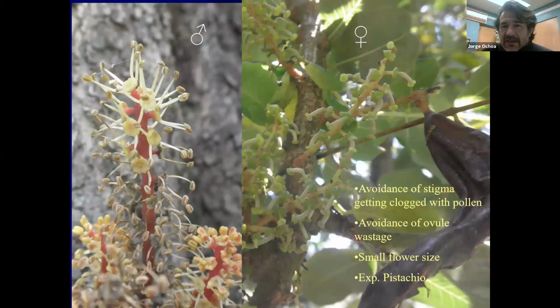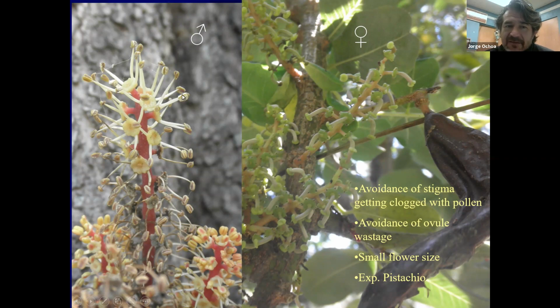Or here's another, more common example. This is carob tree. And on the left, we have the male flowers that come from a male tree. And all we see is a very simplistic flower with just a bunch of stamens. The stamens will release the pollen. And on a very different tree, we have the female flowers. And very simplistic, it's just the receptacle with a very large stigma.